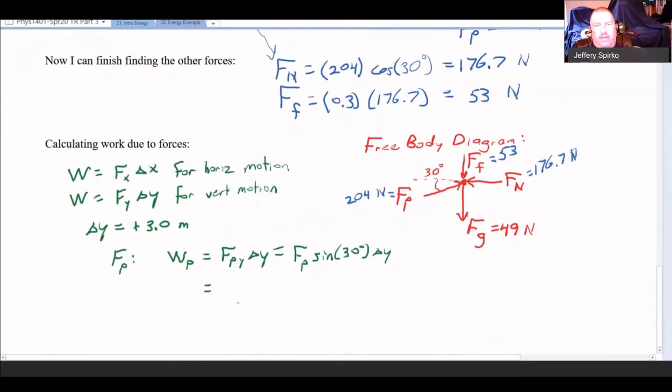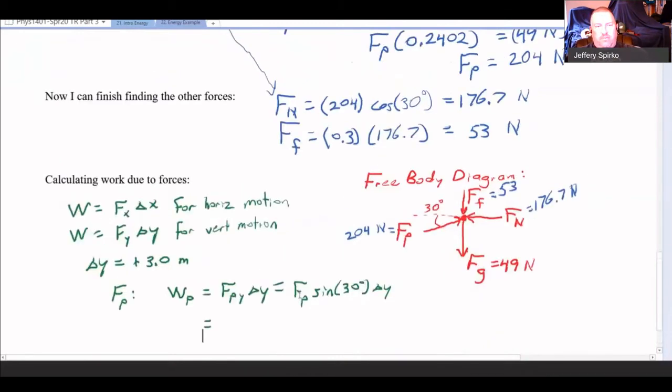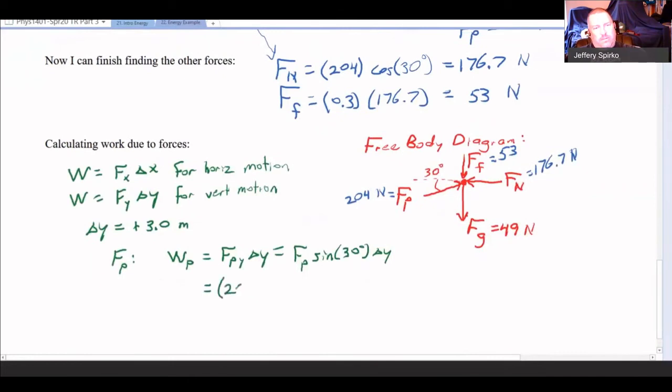And now I'll plug in all my numbers. My FP was 204 newtons, sine 30 degrees. My delta y is 3.0 meters. And I get 204 times sine 30 times 3 equals 306, and we call them joules.